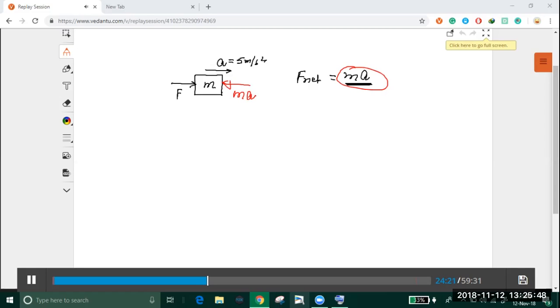So if a body is acted on by a net force and it is being accelerated, now if I have to make it rest, I will apply a force which is opposite to the net force, right? And we call this force an inertia force, which is in the direction opposite to F net.